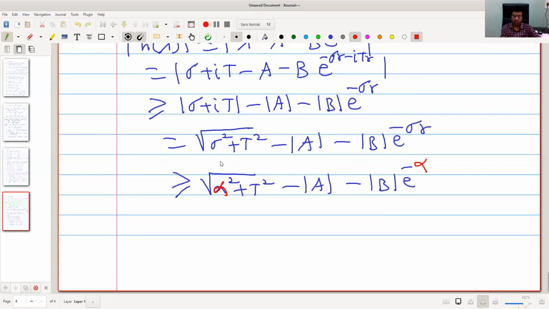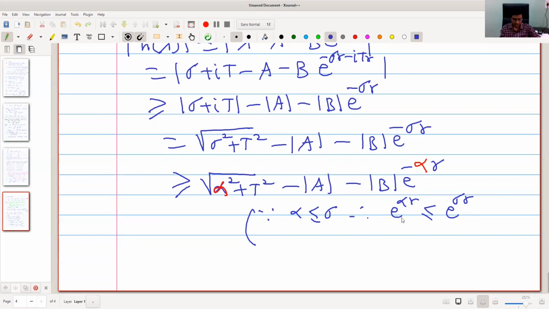First thing is clear why I'm writing alpha here, because sigma is greater equal alpha, but this is not that straightforward. Let us see how we can write. Reason is like this. Alpha is less equal sigma, therefore e raised to alpha r should be less equal, r is positive, so no issue, e raised to alpha r is less equal e raised to sigma r.